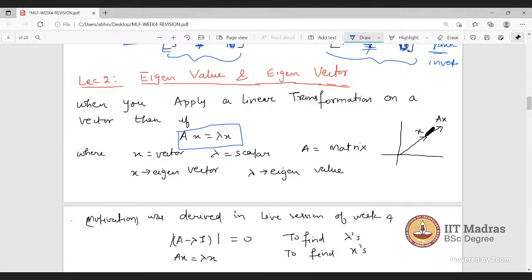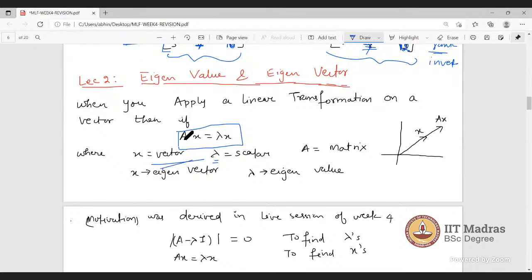Then we say x is the eigenvector of A. What it means is x has not changed its direction. It remains in its basis. It is only getting stretched or shrunk. This is the concept of eigenvalues and eigenvectors. In this case, lambda will be called the eigenvalue and x will be called the eigenvector of A.